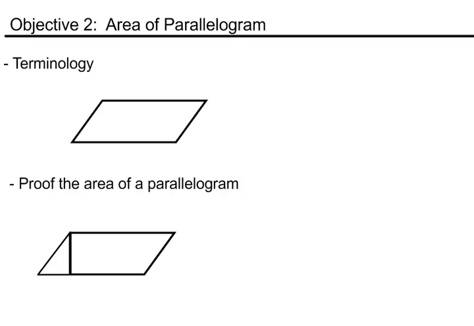Okay, so parallelograms means that we have two parallel lines. So there's one set, and there's the other set. Let's do some labeling. Inside, we want to draw the right angle from the top to the bottom, and that's called the altitude or the height.